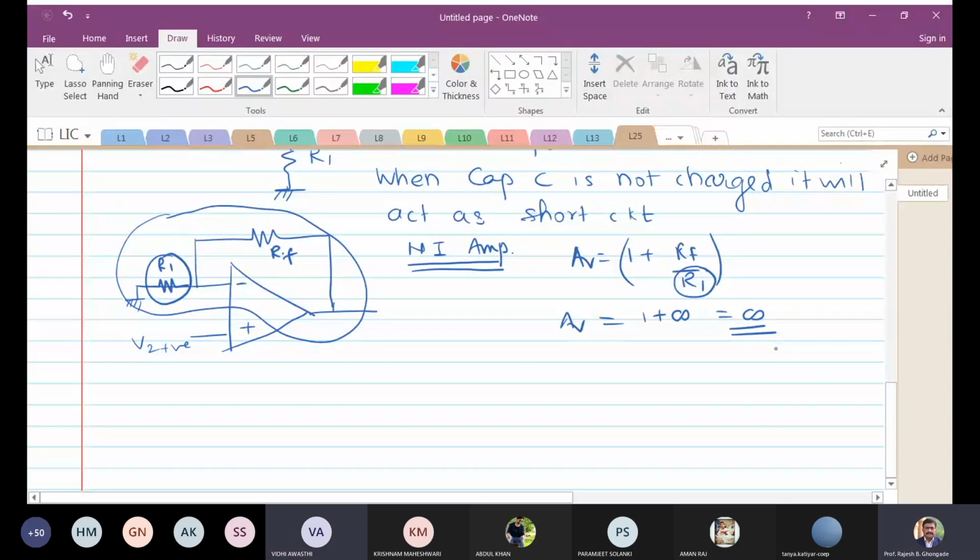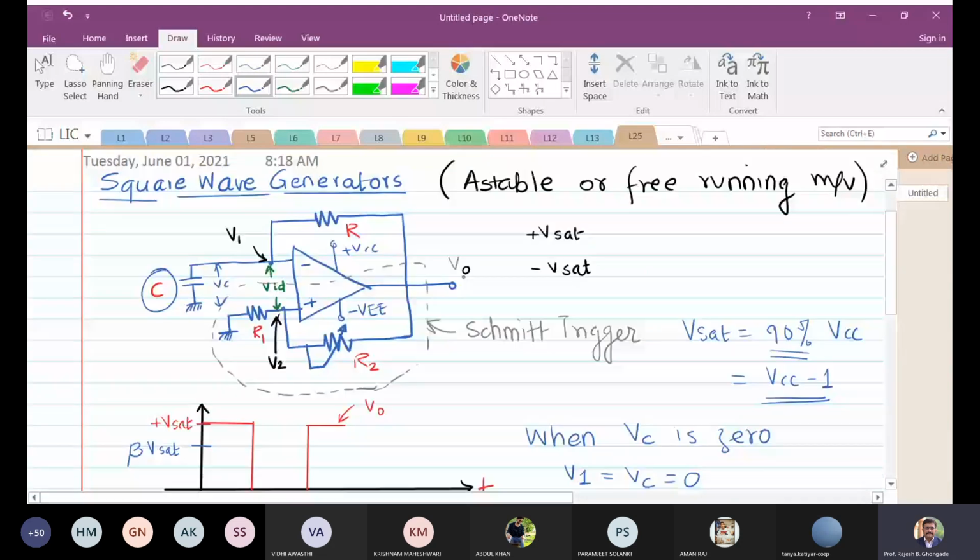So V2 will drive the output quickly to plus Vsat. Remember, we have said that V2 is positive, and that is the reason why the output will go very fast to Vsat. Now, once the output goes to Vsat, Vo is equal to plus Vsat.